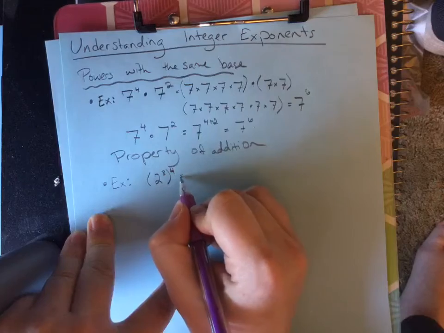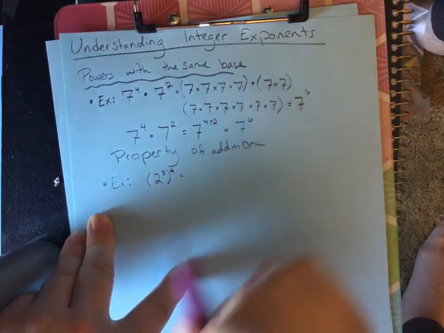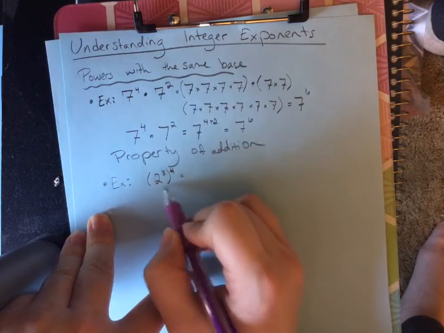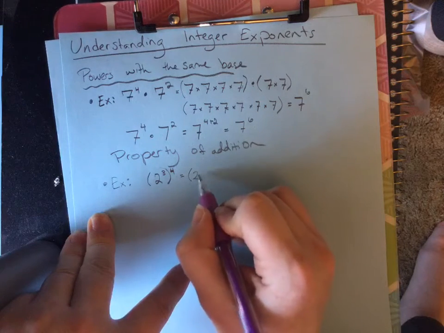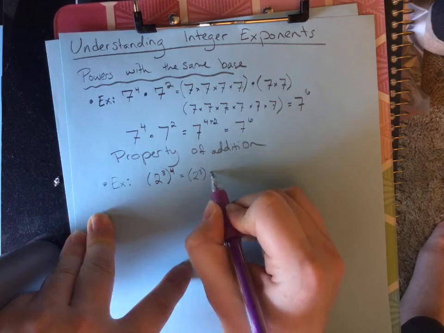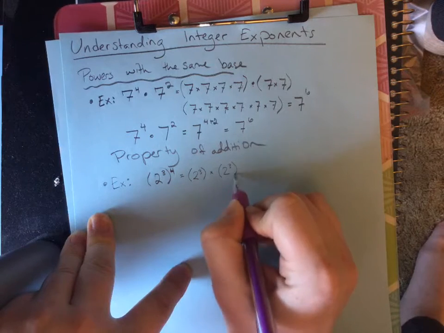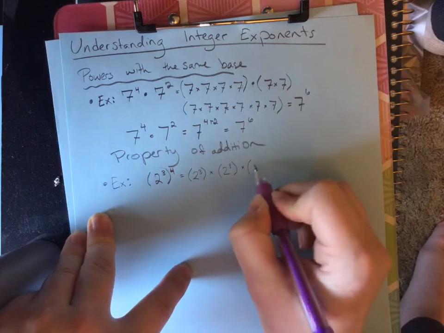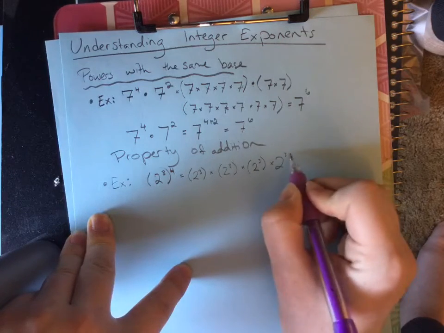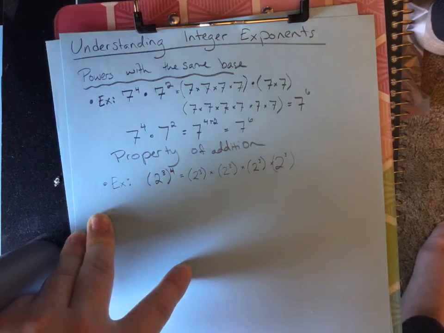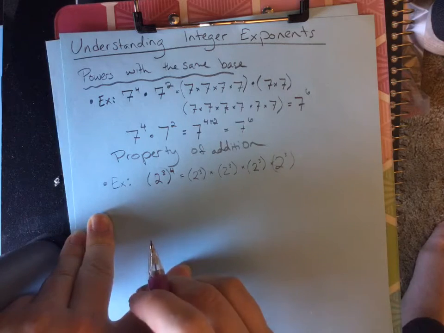I can still write that as my repeated multiplication, but I've got to remember all of this is what's being raised to the 4th power. So that's 2 to the 3rd power times 2 to the 3rd power times 2 to the 3rd power times 2 to the 3rd power. 1, 2, 3, 4, okay?